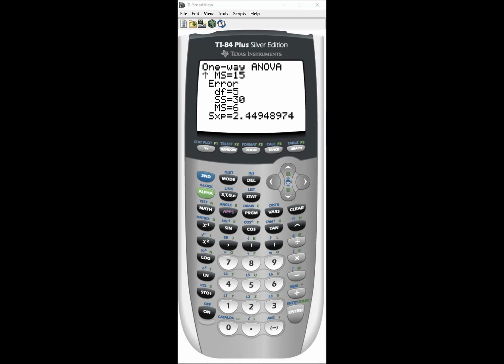So there is not sufficient evidence to conclude that there is a difference among the 3 groups.